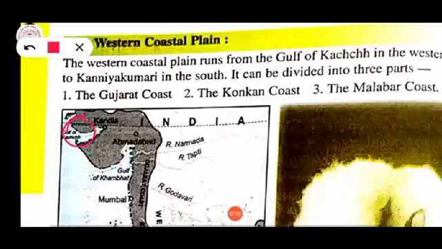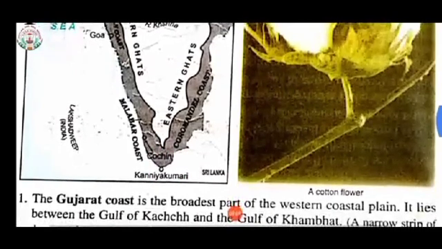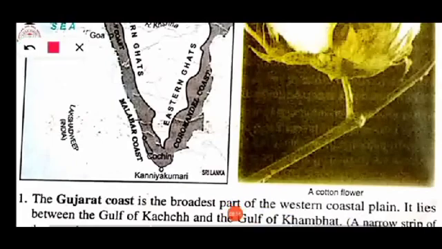From the Gulf of Kutch to Kanyakumari in the south, and it is a narrow plain between the Western Ghats and the Arabian Sea, and it is close to the sea. You can see here in the map.